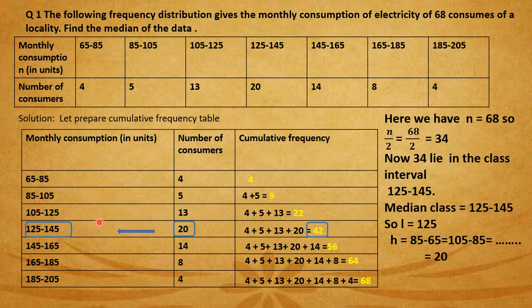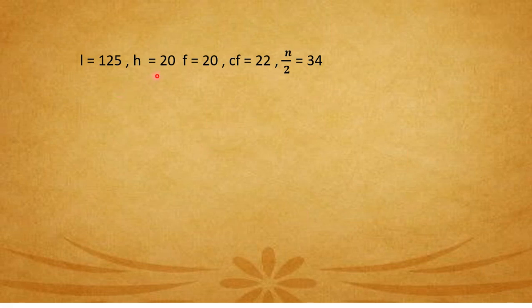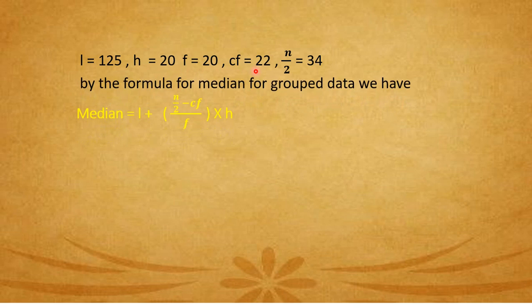In the same way, for all class intervals we get a difference of 20. So the height of the class is 20. F, the frequency of the median class, is 20. Cf, the cumulative frequency before the median class, is 22.